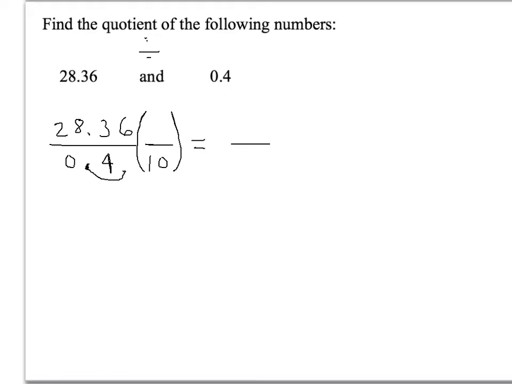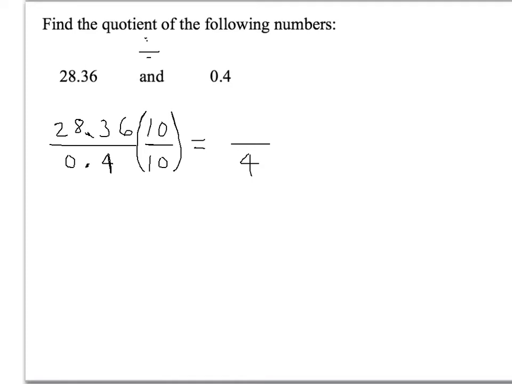Okay? Now, the reason I wrote it like that is so that you can see why the second number gets changed as well. Because if I multiply the bottom number by 10, 10 times 0.4 is 4. It's a nice whole number like I want. Then I have to realize I have to multiply the top number by 10 also. I have to multiply that numerator by 10. And what that does, it does the same thing.